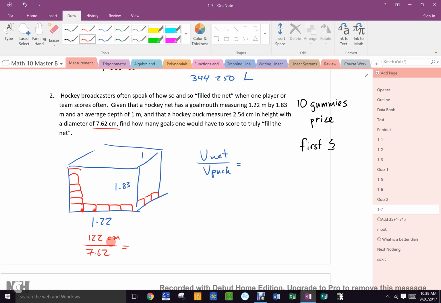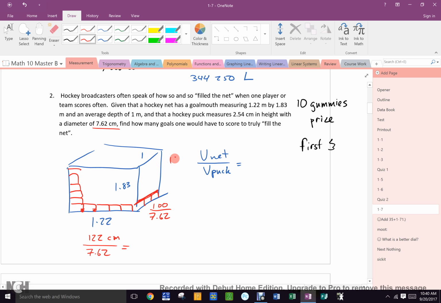It's going to give me a number, isn't it? Right? What about this way? It's 100 centimeters divided by how much? 7.62, because the pucks are the same distance going this way, aren't they?